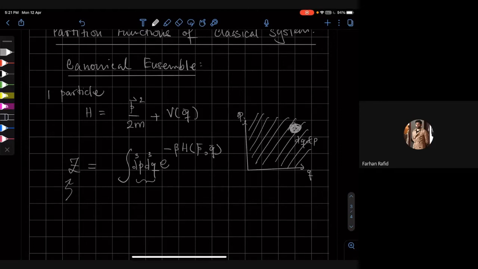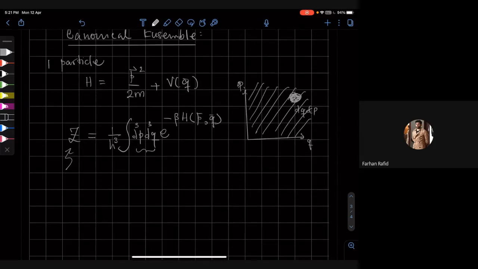So to make this dimensionless, we have to divide by something. And this something we are calling h cubed, where h has dimension of angular momentum. Okay?